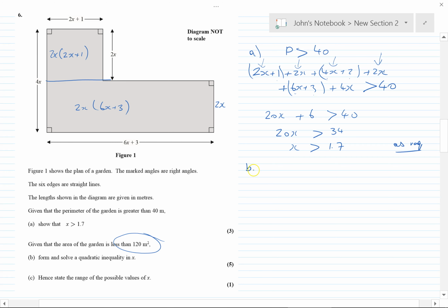Okay, so we're going to add those two areas and use the fact that that's got to be less than 120. So we have 2x times by 6x plus 3 has got to be plus 2x times 2x plus 1.